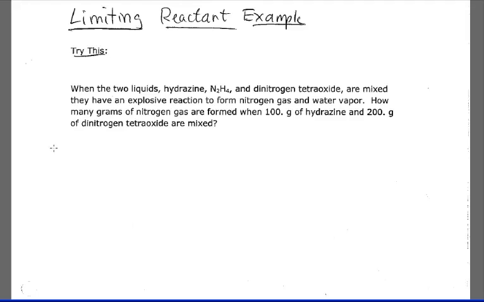Okay, so the first step is to write and balance. We'll first write it. Liquids, hydrazine, N2H4, and it is liquid, but I'll leave that off, and dinitrogen tetroxide react, they form nitrogen gas, you should know that's N2, and water vapor.